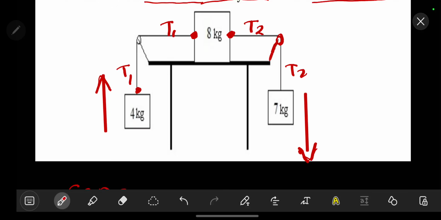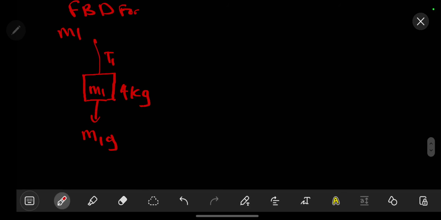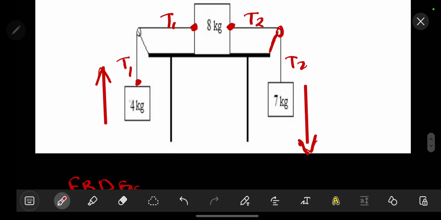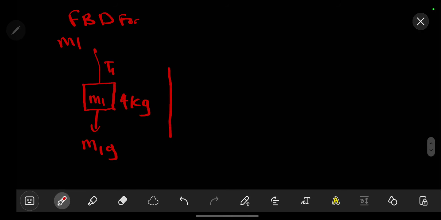For our M1, we are going to take upwards to be positive. Since here it's going down, up there it will be going up. Due to space, let's put it here: upwards shall be considered our positive y.